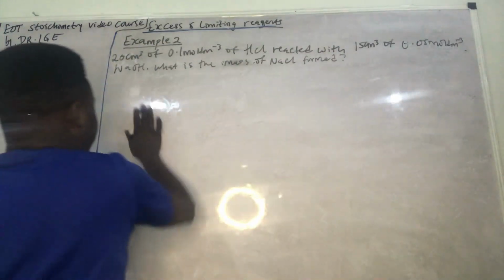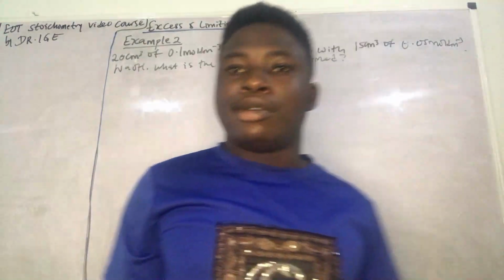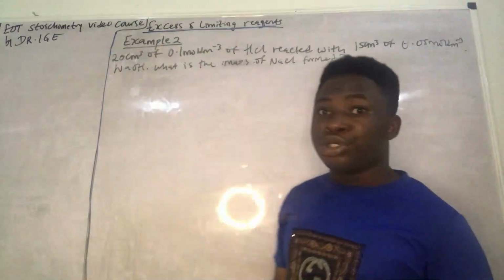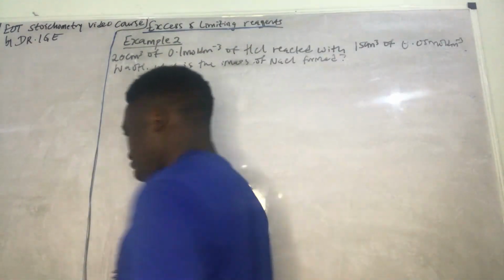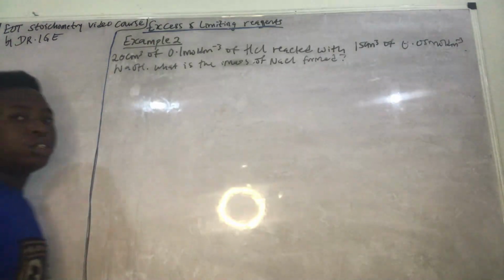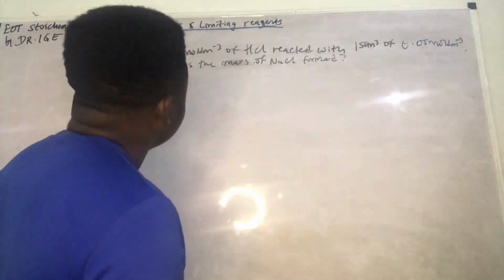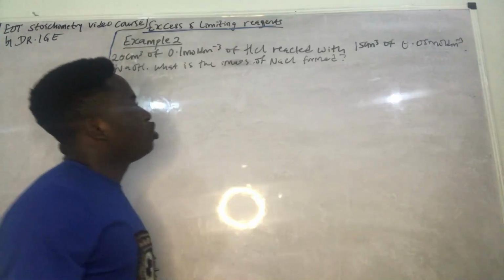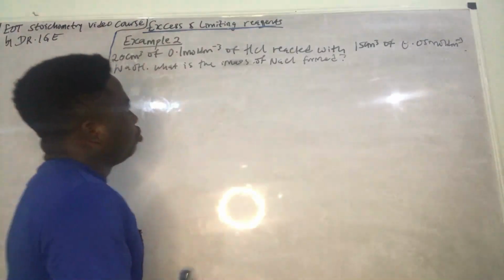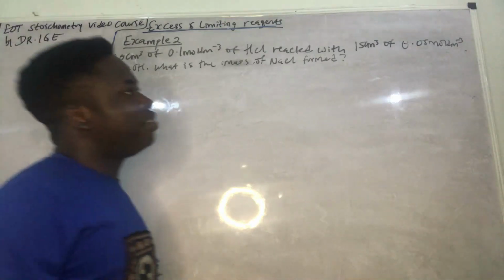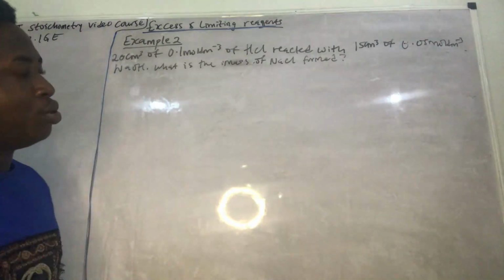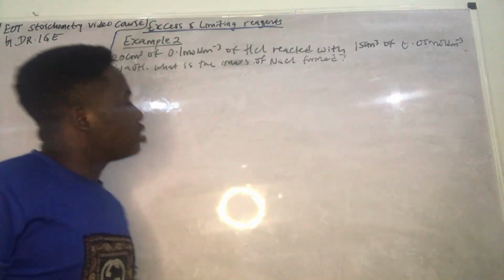I will not be writing all those, sodium is 23 and so on. You should already know them by now because one of the questions will give them to you. Now look at this. It says 20 cm cube of 0.1 mole per dm cube of HCl reacted with 15 cm cube of 0.05 mole per dm cube of sodium hydroxide, right?